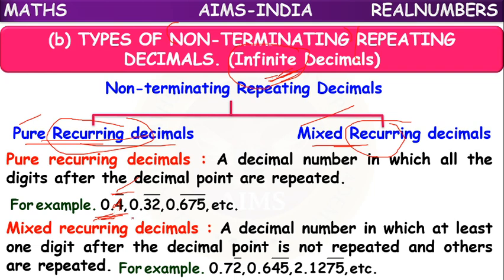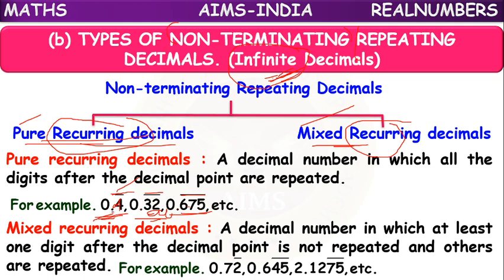Here also 0.32 bar, after the decimal point we have 32, and for both we have the bar. Means 0.32, 32, 32, like that it will go on. Here 0.675 bar, after the decimal point we have 675, and all 3 are repeating.